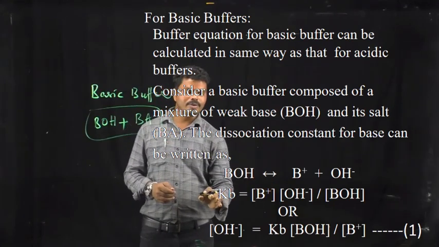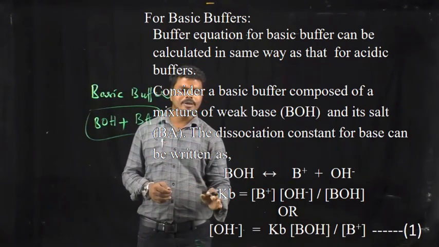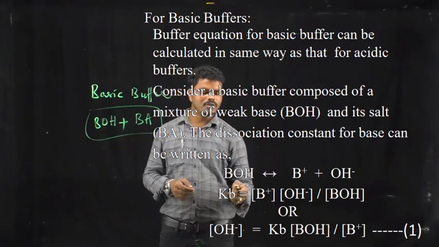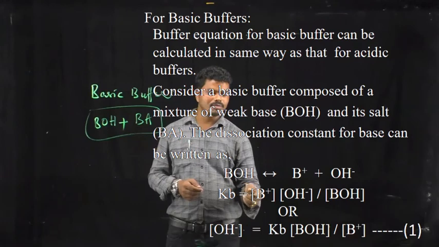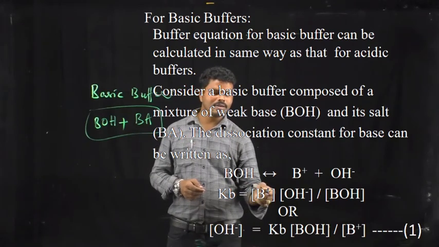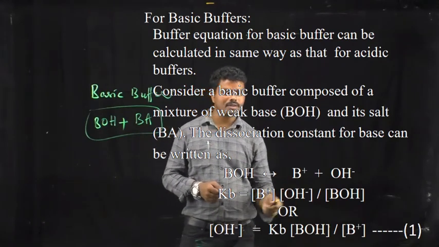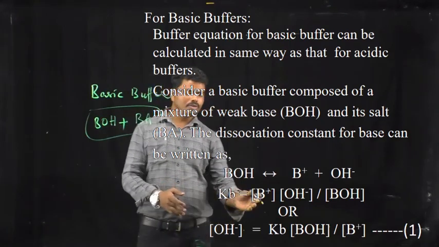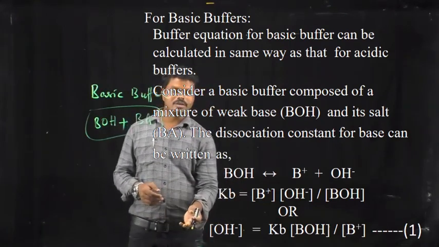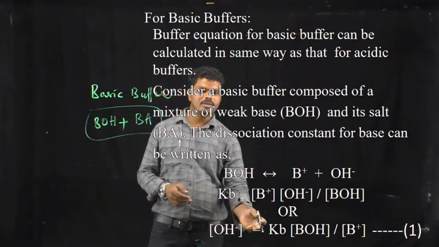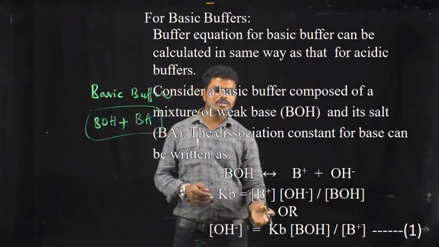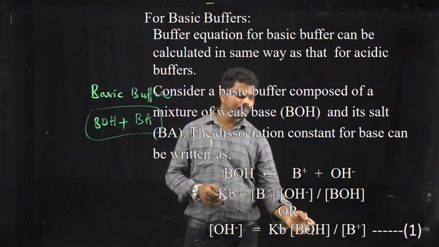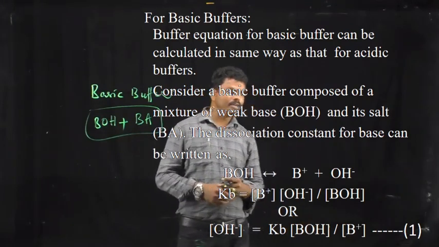When you write the base dissociation constant Kb, it is written as Kb is equal to the product of the concentration of the conjugated acid and the concentration of the hydroxyl ion divided by the concentration of the weak base. When you rearrange this equation, the concentration of hydroxyl ion is equal to the base dissociation constant multiplied by the concentration of the weak base divided by the concentration of the conjugated acid.